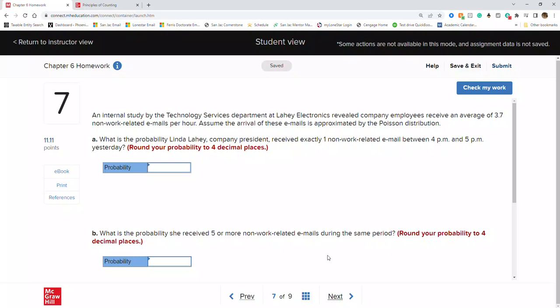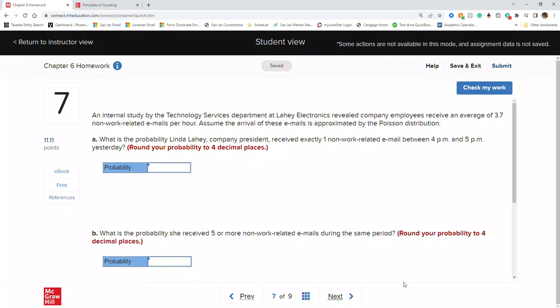Question 7 says an internal study by the Technology Service Department at Leahy Electronics revealed company employees receive an average of 3.7 non-work related emails per hour. Assume the arrival of these emails is approximated by Poisson's distribution. What is the probability Linda Leahy, company president, receives exactly one non-work related email between 4 and 5?